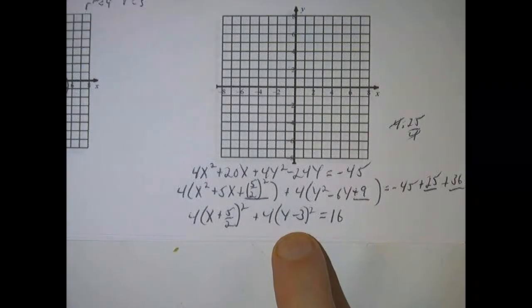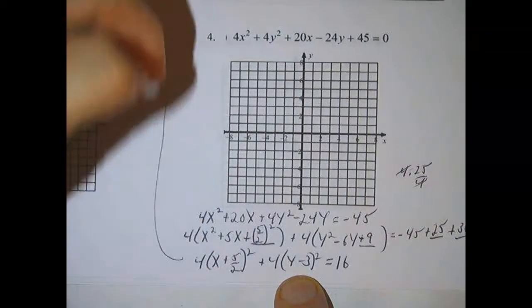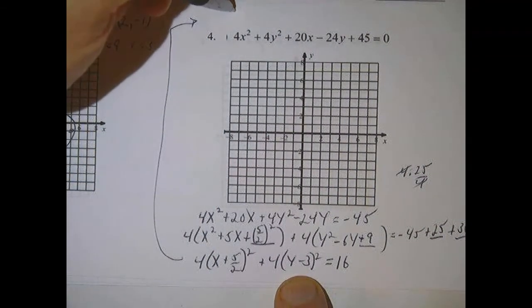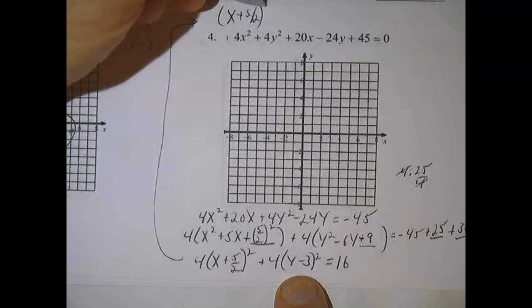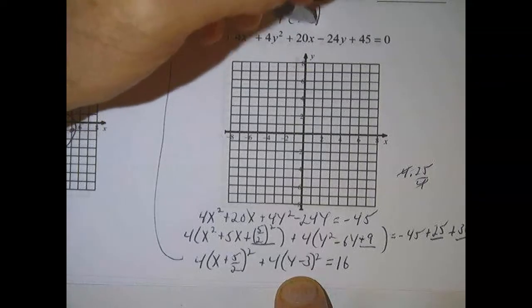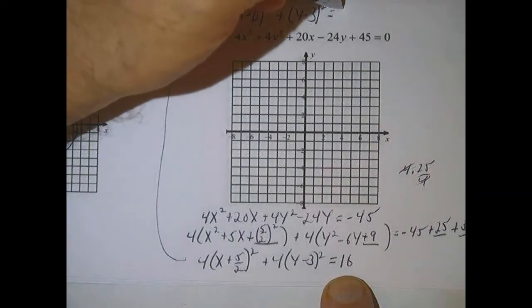And the best way to write this then would be: (x plus 5 over 2) squared plus (y minus 3) squared equals 16 divided by 4, which is 4, or 2 squared. Okay, now we have that.